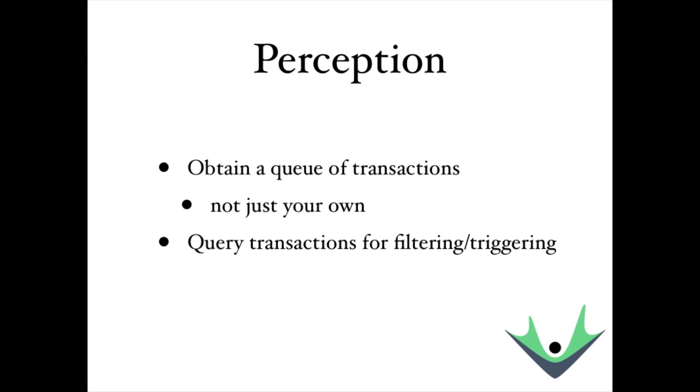Another characteristic you would normally associate with having a brain is being able to perceive things. And as we saw, the transactor pushes out to the peers all the new transaction information. And inside your process, you can obtain a queue of these transactions. And what you'll get over that queue are not just your own transactions, but all the transactions in the system.